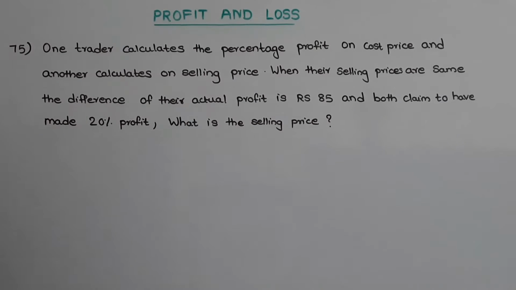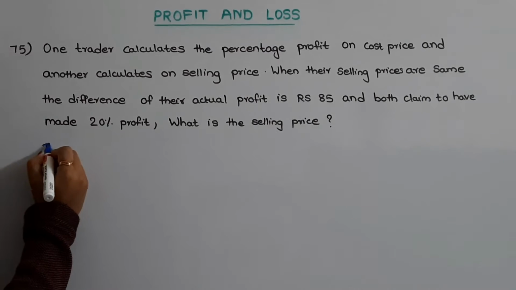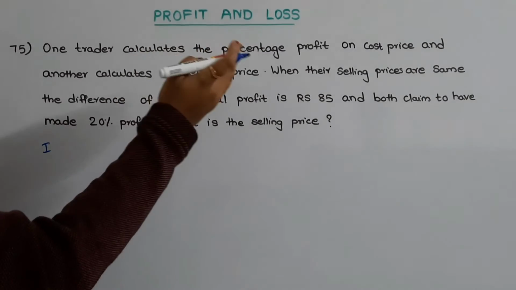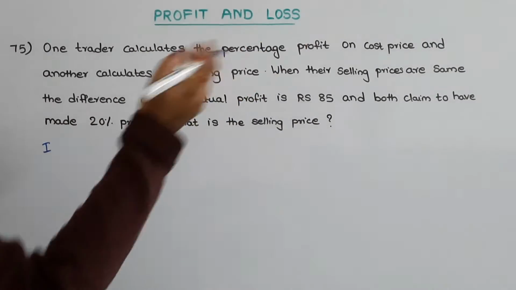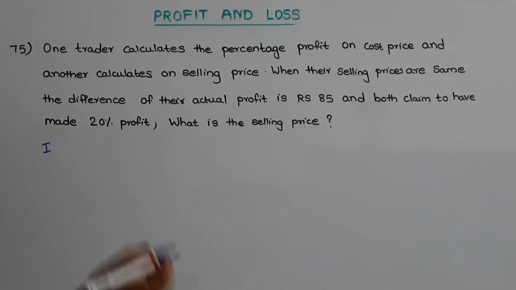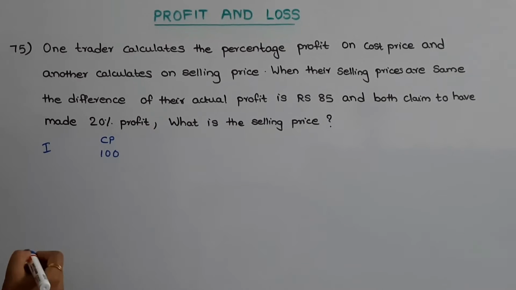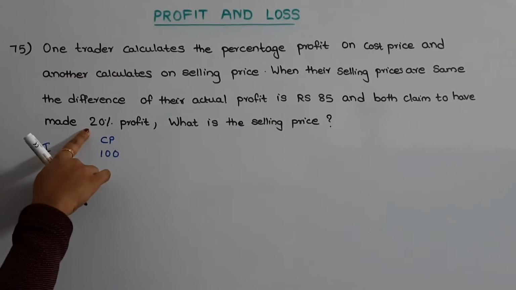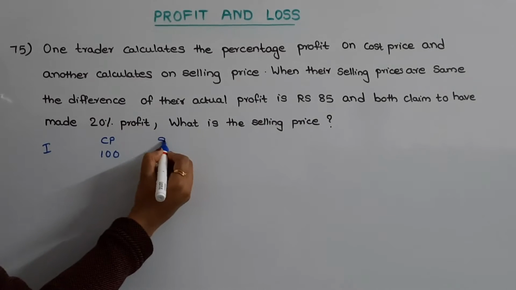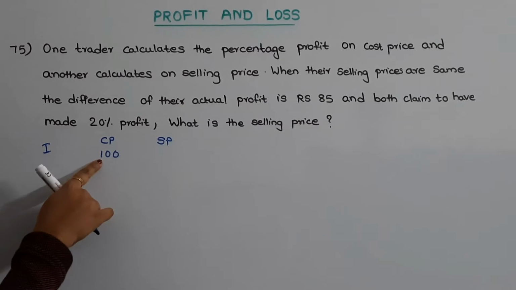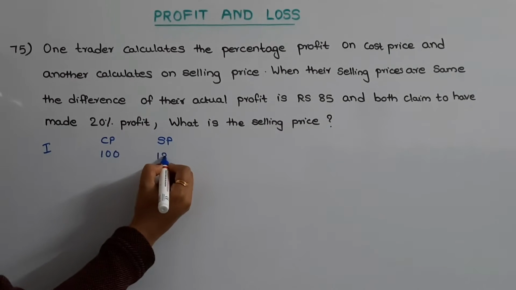For the first trader, he calculated profit percentage with respect to the cost price. So let us consider the cost price as 100 for the first person. When profit percentage is 20, his selling price will be 100 plus 20, that is 120.